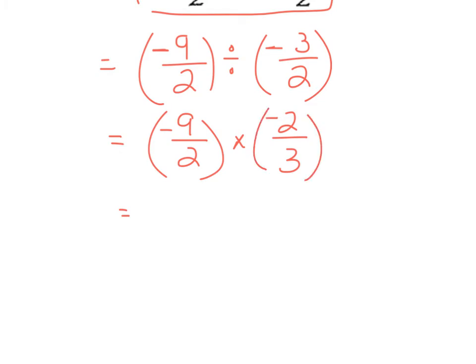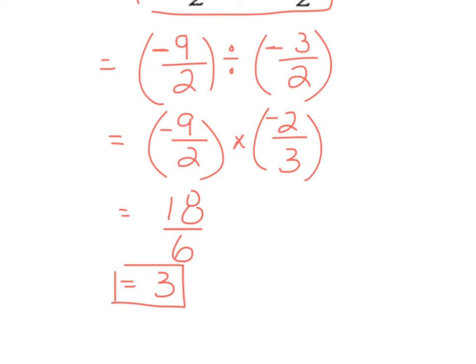So we're going to do negative 9 times negative 2 is 18, positive 18. And then we're going to have 2 times 3, and that's 6. What does that reduce down to? We need to reduce that down to 3. It's 3 over 1, but we're going to leave it as just 3. We don't write the 1 underneath.